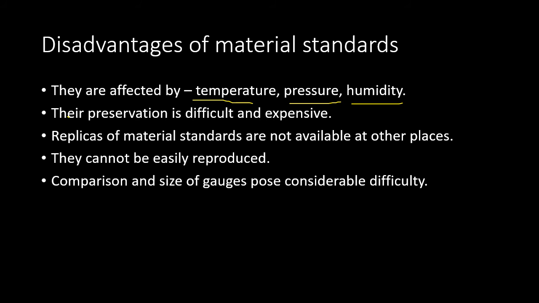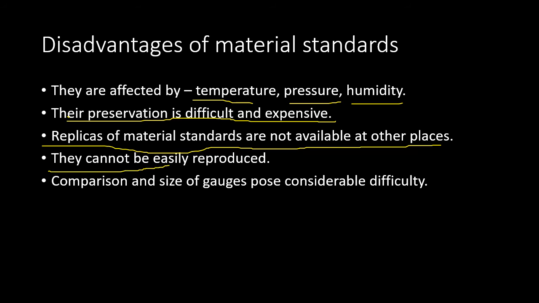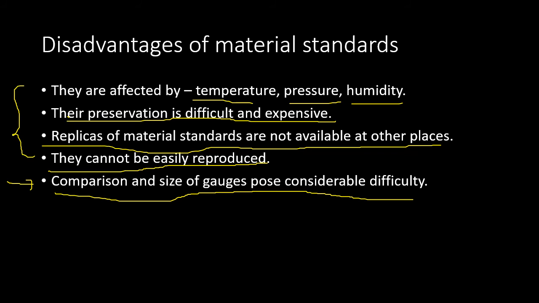Their preservation is difficult and expensive because of the environmental conditions to be maintained. Then replicas of material standards are not available at other places. They cannot be easily reproduced, and comparison and size of gauges pose considerable difficulty. So we will talk about this last point later on, but I think the first four disadvantages are quite obvious.